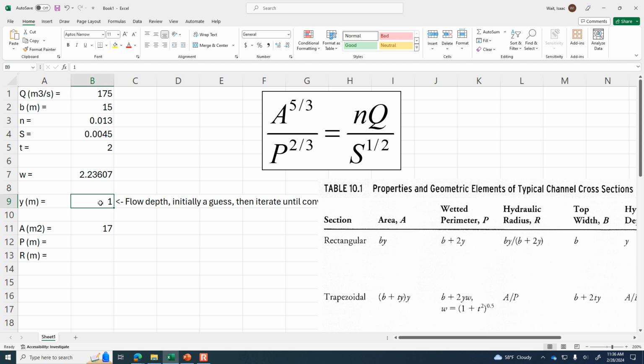It's not going to be 1 in the end, but it's a fine starting point for now. Likewise, we need to calculate the wetted perimeter. So wetted perimeter is b plus 2 times y times w. So we're just using these geometric parameters from table 10.1 on the basis of our initial guess. And then hydraulic radius is defined as area divided by wetted perimeter.